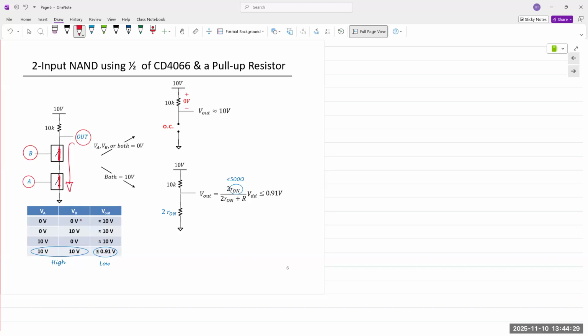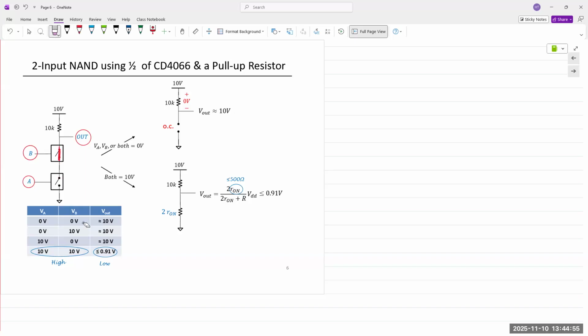This is simply by observation. This is simply by inspection. If we inspect the circuit diagram, we can see the output is connected to 10 volts via the 10K resistor. And then the only time it can be connected to ground is when both switches are on. The only way for both switches to be on is for both inputs A and B to go high, meaning connected to 10 volts.